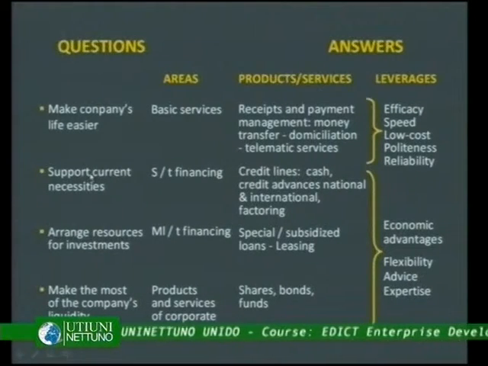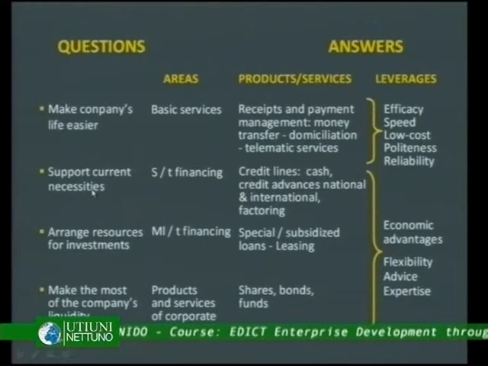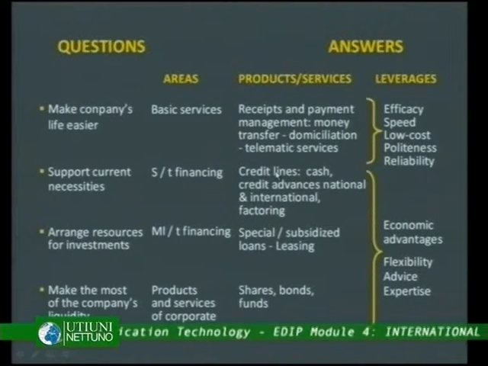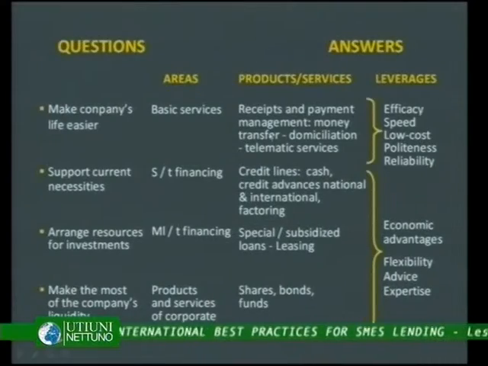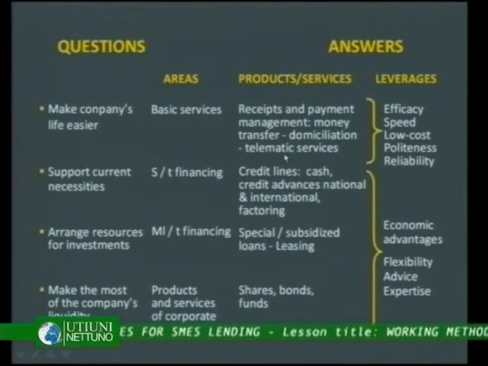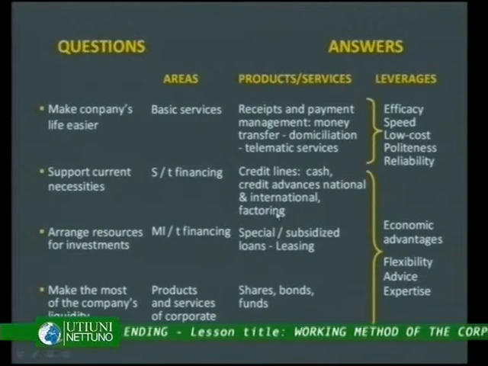Then the second question is, how can we support current necessity? The areas we are talking about are the so-called short-term financing, and the services which the product manager is offering are basically credit lines, cash and credit advances, national and international, as well as factoring.